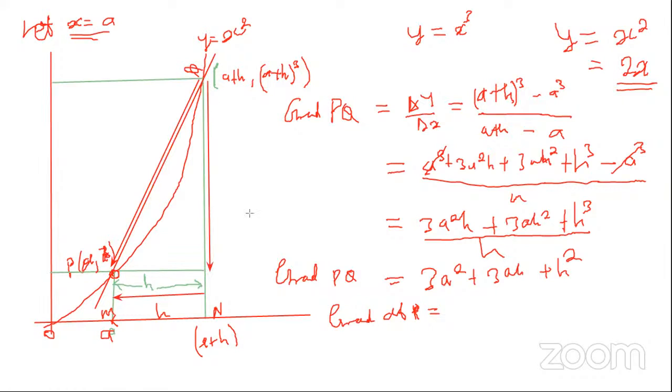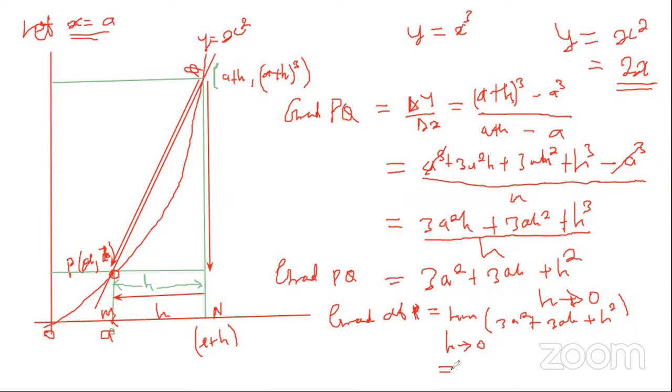So it also goes away. We finally come to point P when the h has become 0. And mathematically, we write this as the limit of 3a squared plus 3ah plus h squared as h tends to 0.